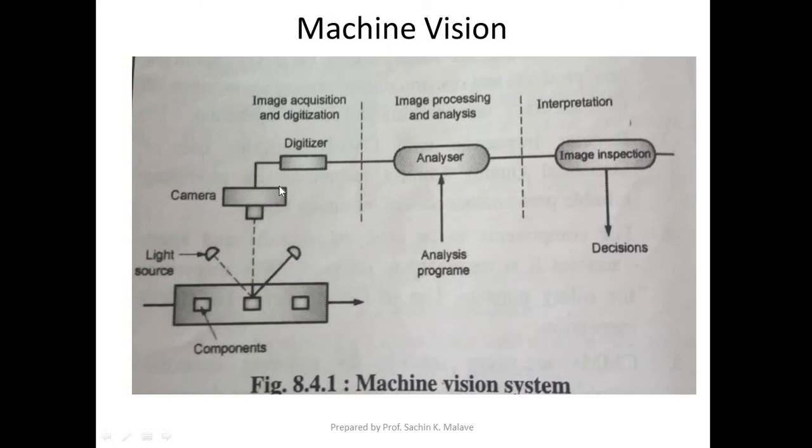It will form the picture images, and the picture elements obtained in this way are called pixels. The number of pixels used decides the spatial resolution of the stored image. So the more the pixels, the more the resolution, and the better the quality of that particular image.